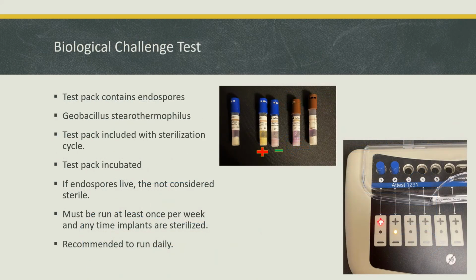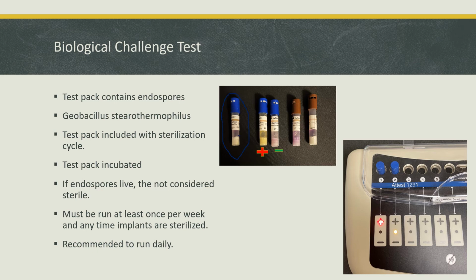The biological test. These are little test packs made by 3M, called an A test. These are for a quick readout, a pretty nice, fancy type of biological that makes things a little bit easier for us. These little ampules, I guess you could call them, these little plastic containers, have endospores at the bottom.